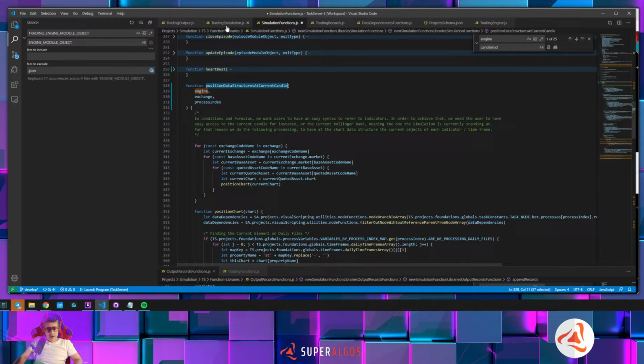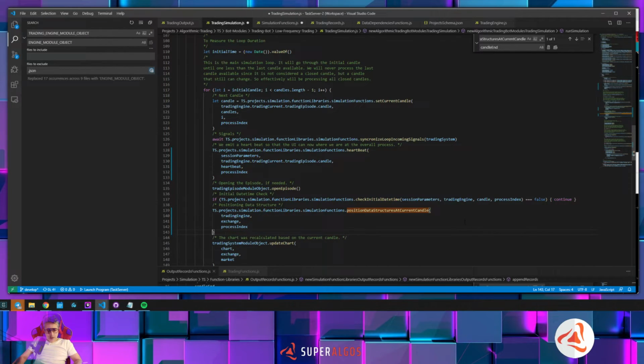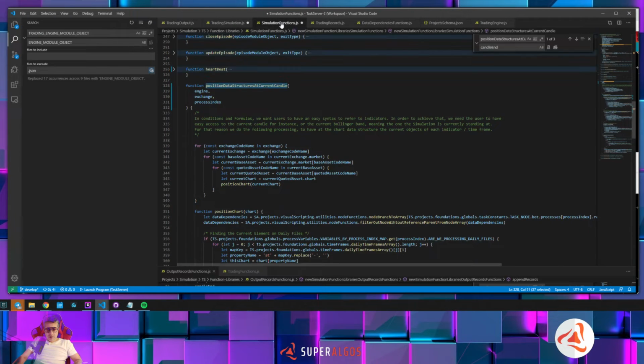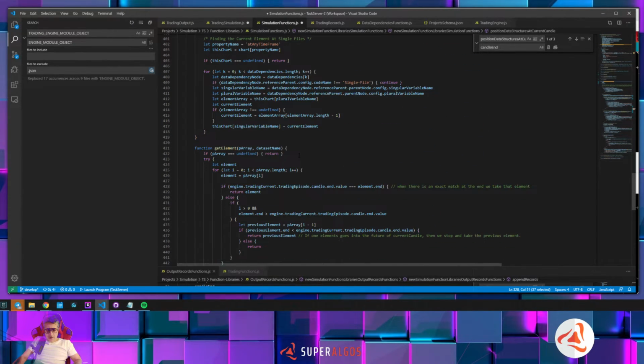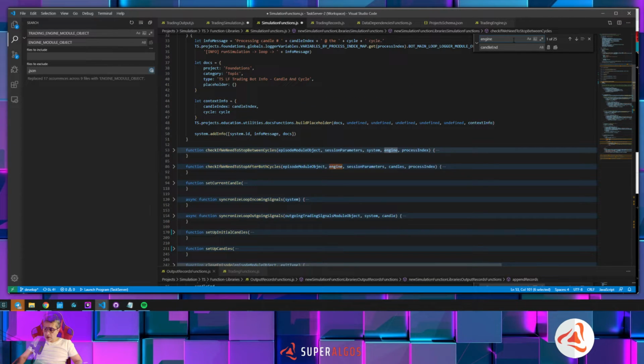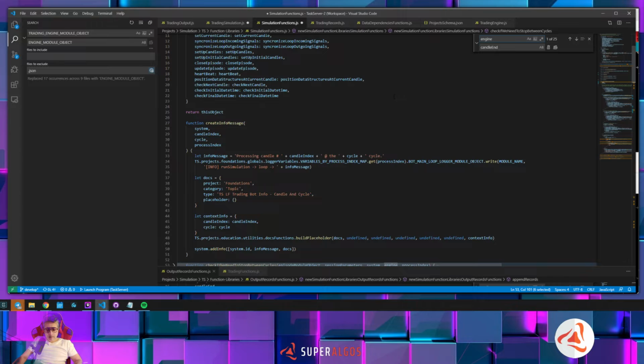So we find this function here, and we are going to use the engine for the episode candle that is needed. Hold on a second.